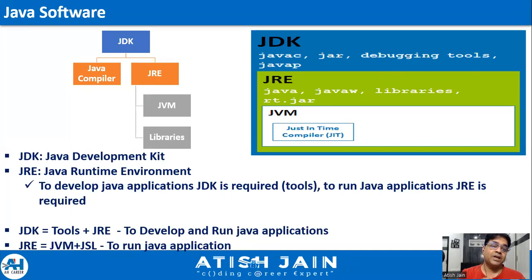But if you are delivering your project to the client, then on the client machine you don't require any JDK, because the client is not going to develop any application. The client wants to just run the application. So for the developer machine, JDK and JRE both are required, but for the client machine, JRE is enough.